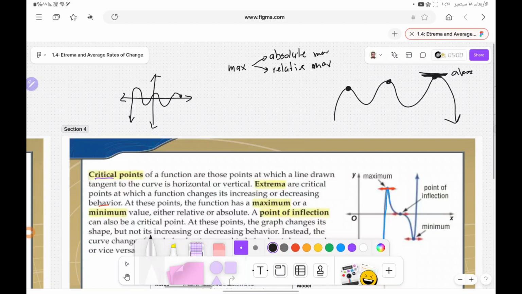Now the other one is the minimum. For the minimum we also have an absolute minimum and a relative minimum.